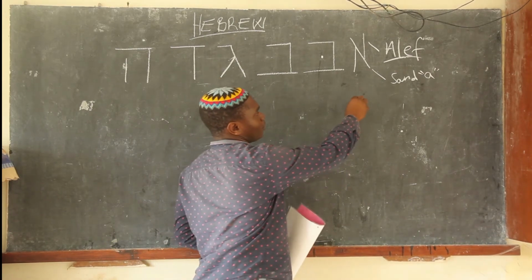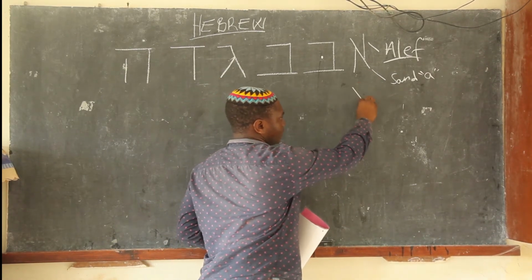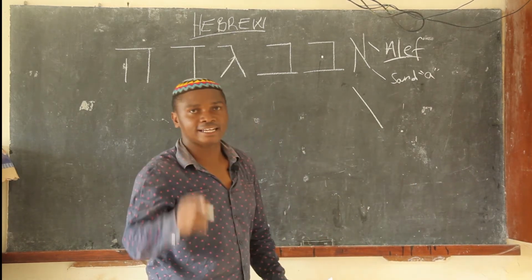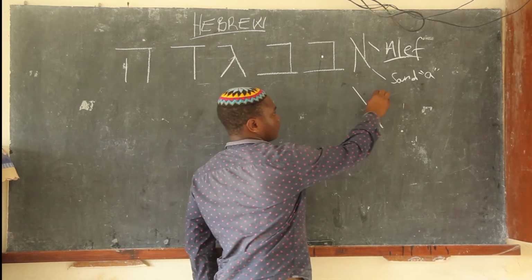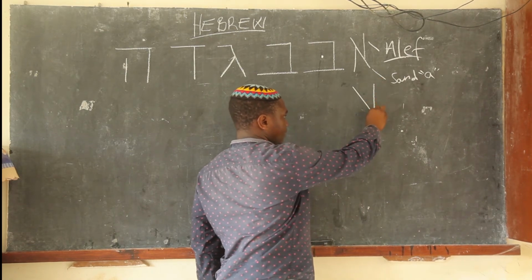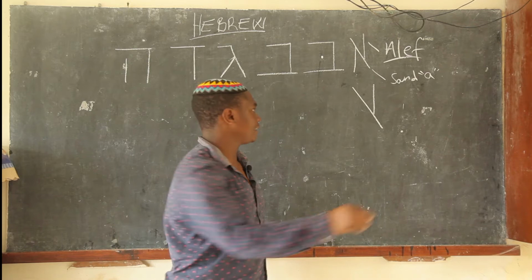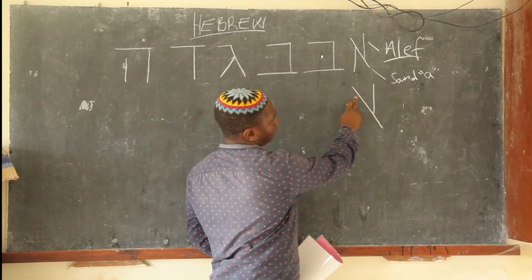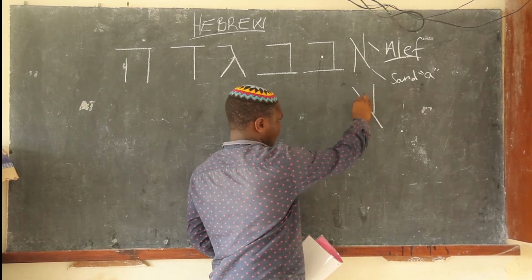You draw a diagonal line like this, and then another line is drawn on top, but below this diagonal line. And then another line, it starts from up, like this.